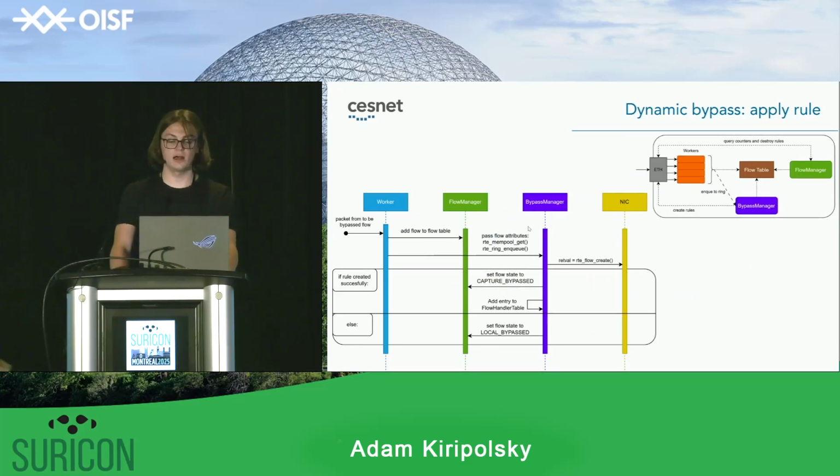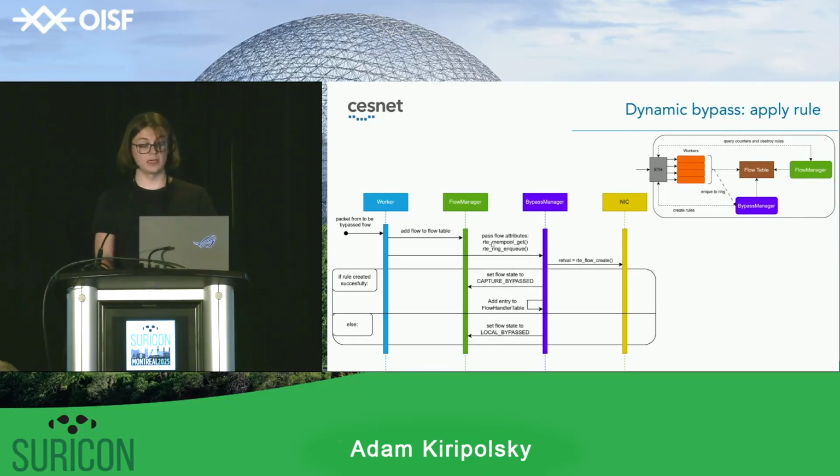Now we'll look at what the process of creating the rule looks like in Suricata. As the worker thread gets the packets and deems the packet as to be bypassed, the flow is added to the flow table, and we pass the flow attributes to bypass manager as I described.